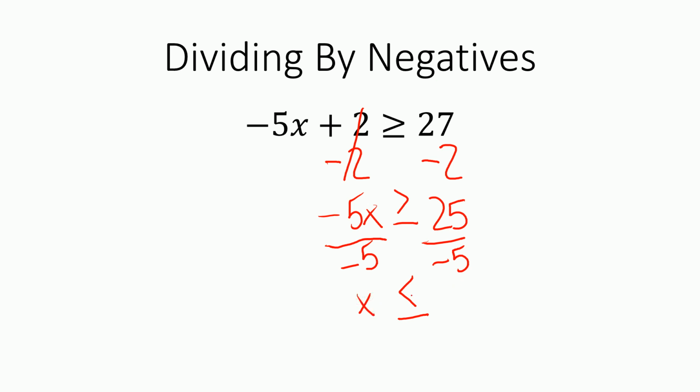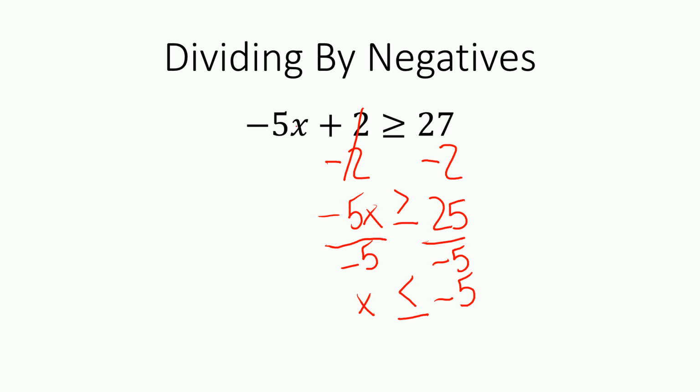And so I flip the inequality symbol when I multiply or divide by a negative number. And when I divide 25 by negative 5, I get negative 5. So now instead of x greater than or equal to, it's x less than or equal to negative 5. And so, what happens is the solutions kind of flip from what we think they would be.